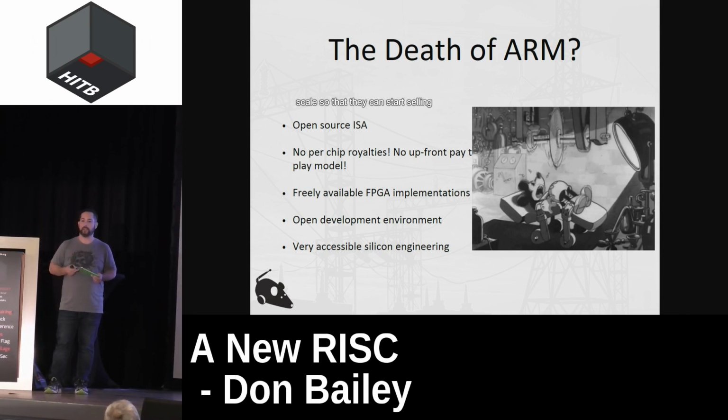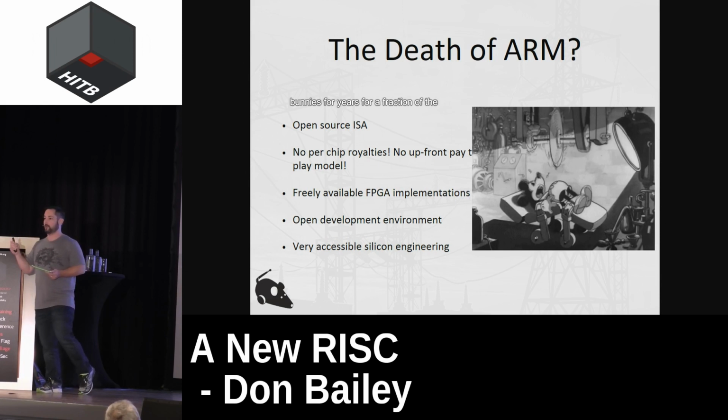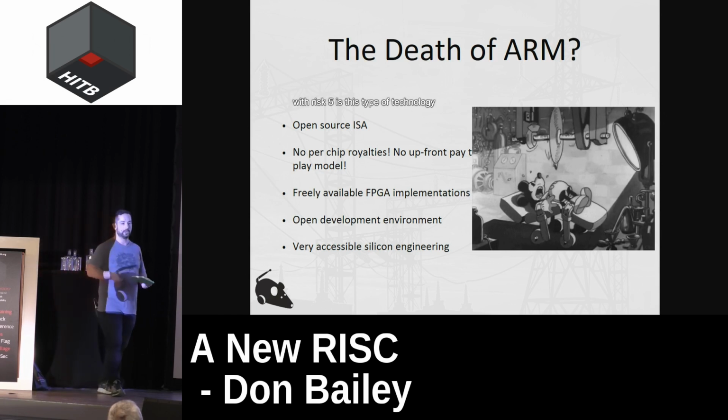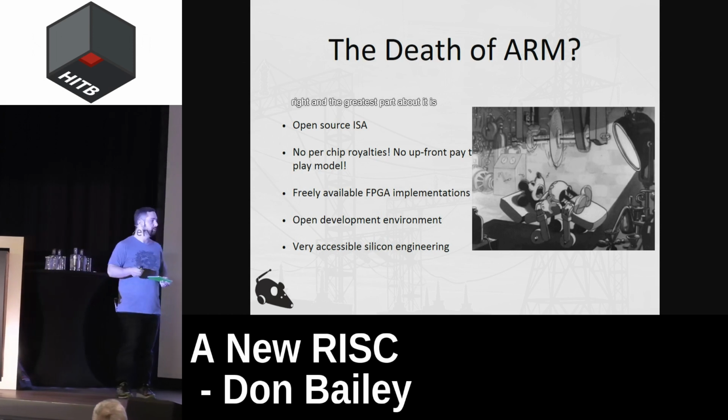And they want to do it at scale so that they can start selling cell phones, which has been a goal of Bunny's for years, for a fraction of the cost of what they would normally sell, but with capabilities that are equivalent to, say, an Apple iPhone, which is exceptional. That's what we want to see. That's the whole reason for going with RISC-V, is this type of technology, right?